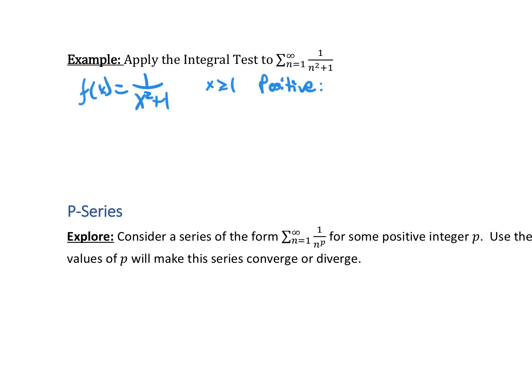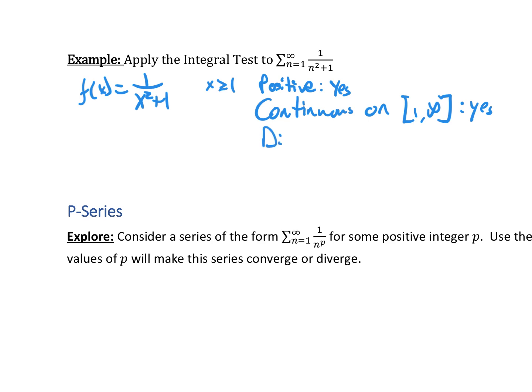And yes, it is. Okay, so it's always positive. Is it continuous on 1 to infinity? And yeah, it is. There's actually nothing that makes the bottom 0, so it is continuous.